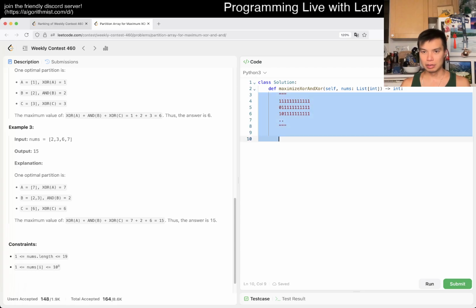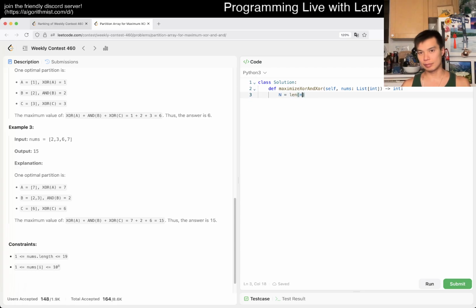So, okay. I don't want to write it. Right, so the n numbers, right? n could be 0, that's true.